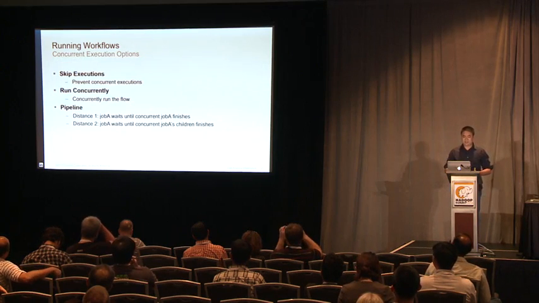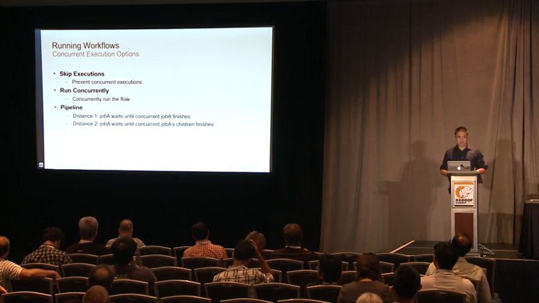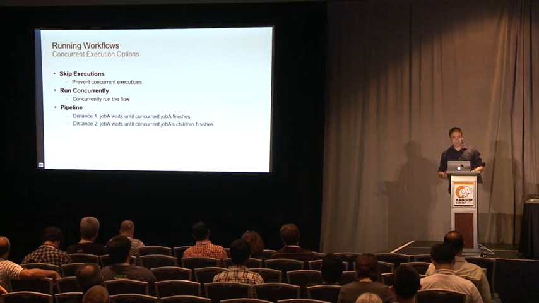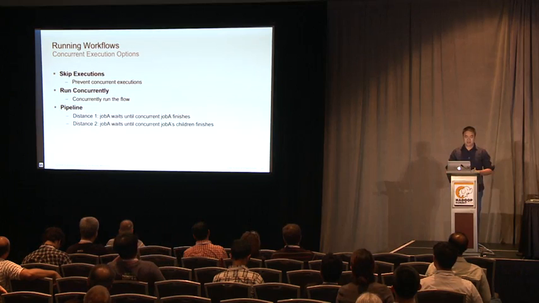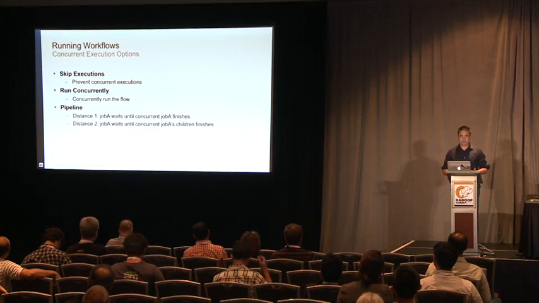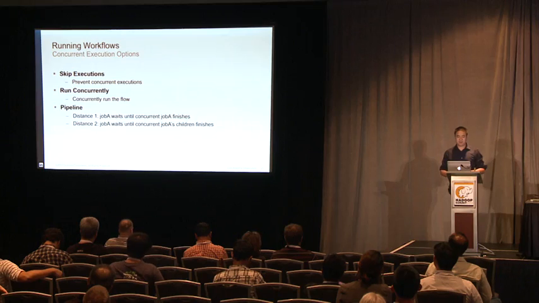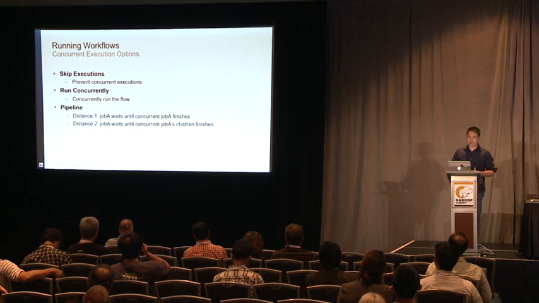And I can either disallow concurrent executions altogether, I can just let all the instances of the flow run concurrently, or I can pipeline them in specific ways to ensure that new executions will not overwrite the current one. For example, I can block the execution of job A in one flow until the previous flow's job A has finished running, or I can block job A until the children of the previous flow's job A have completed.